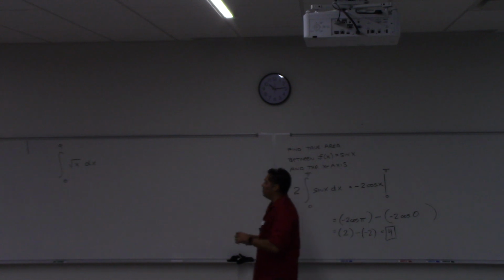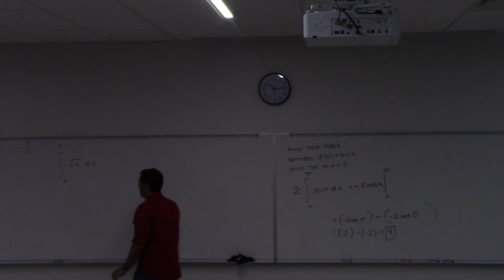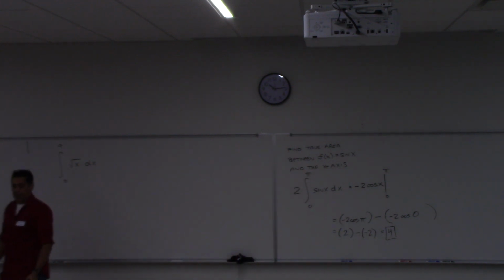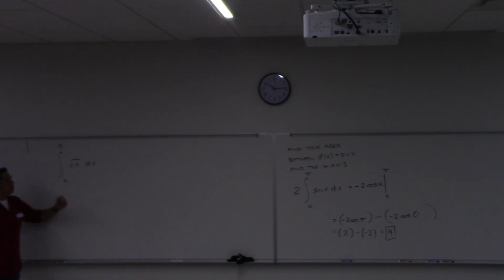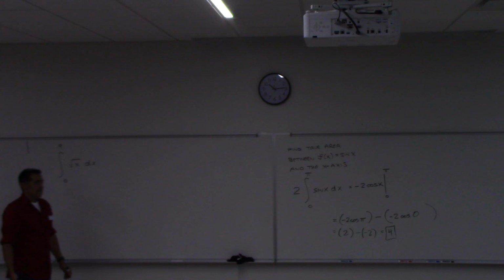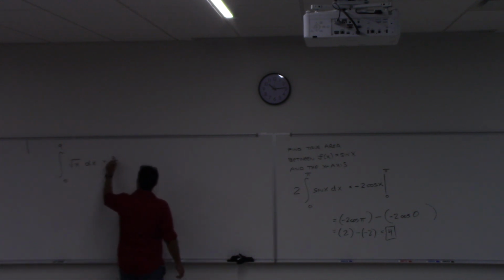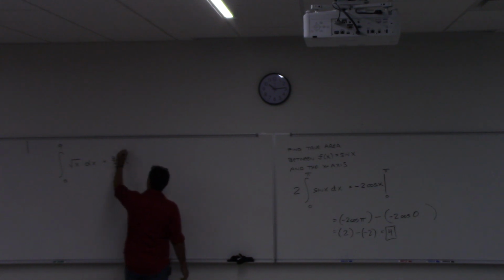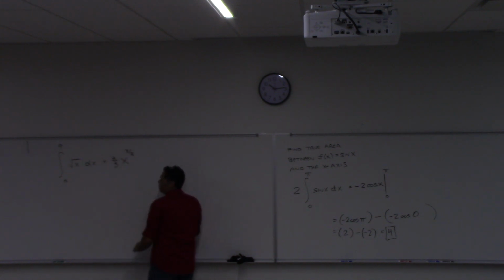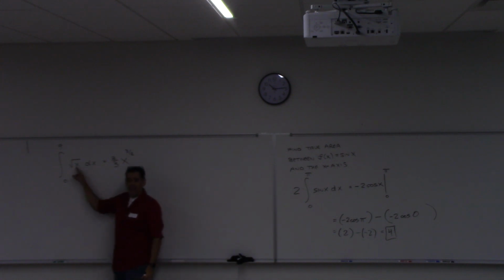All right, so the area underneath this, what do we need? Antiderivative, right? What's the antiderivative of the square root of x? Not the derivative, the antiderivative, right? 2/3 x to the 3/2, right? I'm doing power rule. This is x to the 1/2, and then I just add 1.